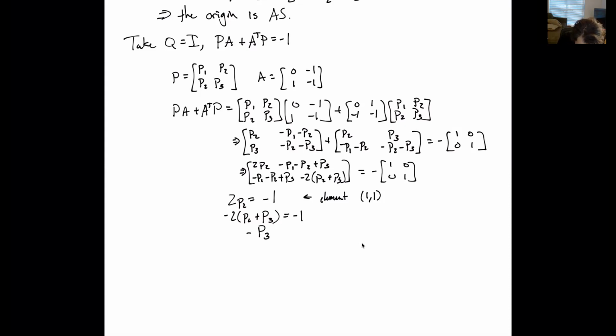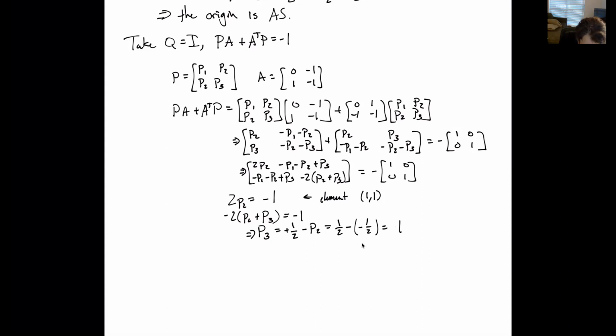So this will imply that p3 is equal to 1/2 minus p2, positive 1/2 minus p2. p2 is equal to minus 1/2. So this will be minus 1/2, which is equal to negative 1. No, positive 1.